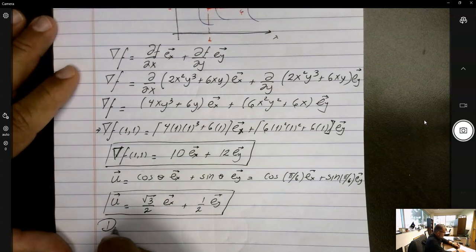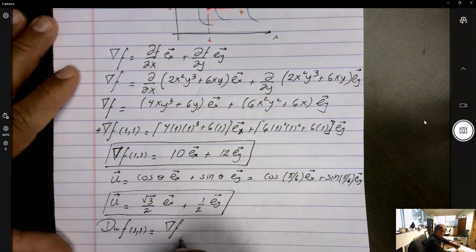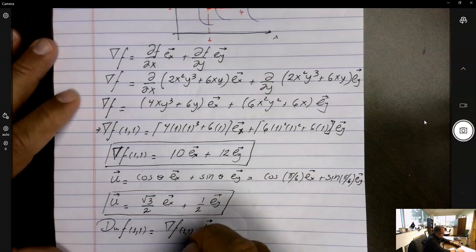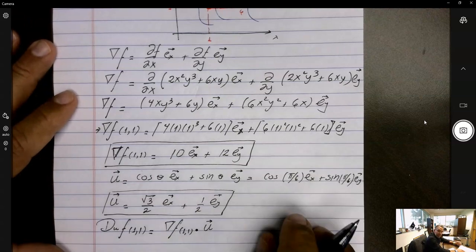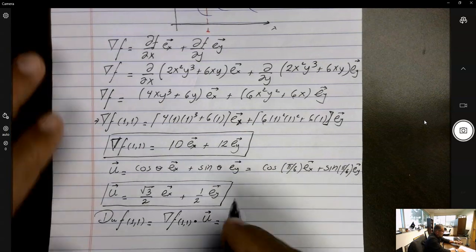that is the gradient evaluated at that point. So the directional derivative of the function f evaluated at (1,1) would be the gradient of f evaluated at (1,1) dotted into u. Dot product. Don't forget the dot. It's completely different from the cross product. This is the dot product or scalar product.